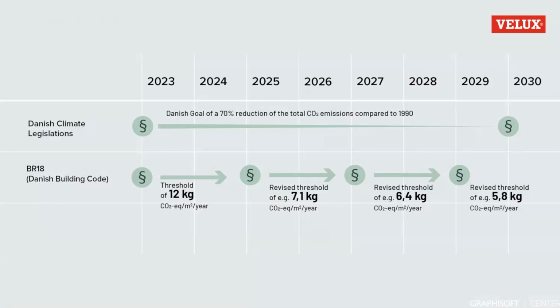Yeah. And then to something a little bit different. As I have been mentioning a couple of times now, it's not only required to make an LCA, we also have to stay under some different threshold values, and that goes for other countries but also for Denmark. And in Denmark, this threshold value was introduced in 2023 as a threshold value of 12 kilograms CO2 equivalent per square meter per year for all buildings above 1,000 square meters.